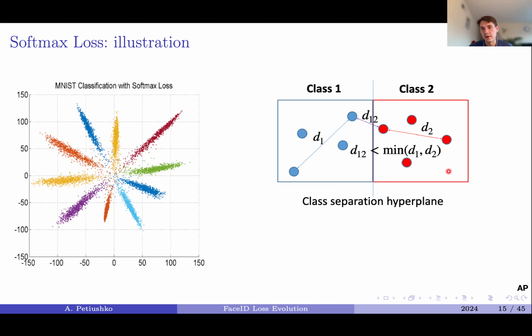And this is the problem. Suppose we have two classes, class 1 depicted by the blue dots and class 2 depicted by the red dots.